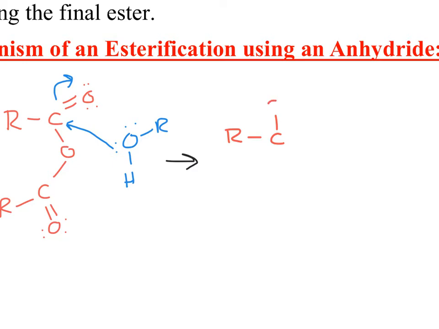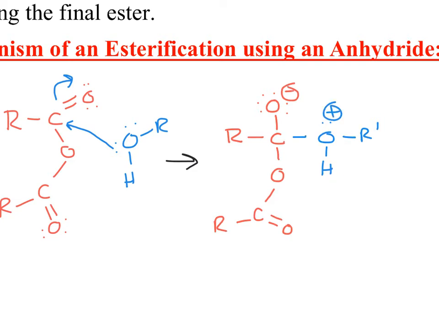Carbon, O minus, O, carbon, R, and in this case, this piece is going to be our leaving group, and so when the tetrahedral intermediate collapses, it's going to kick out acetate anion as our leaving group, like so.